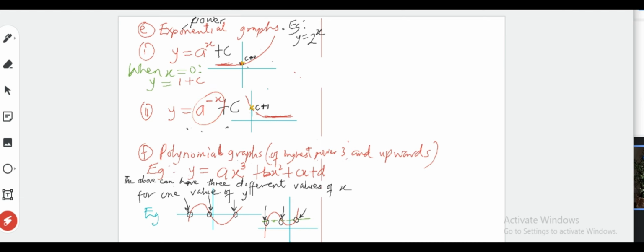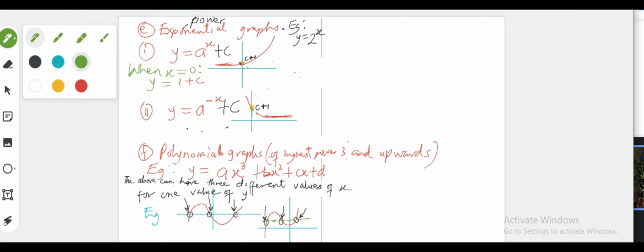What will be the value of y when x is 0? It's the same thing, because a raised to power 0 is still 1. Then 1 plus c will give you 1 plus c or c plus 1. So the coordinate of this place will be 0, c plus 1.